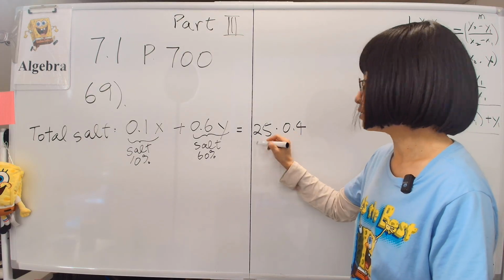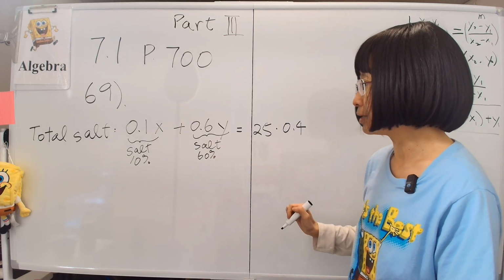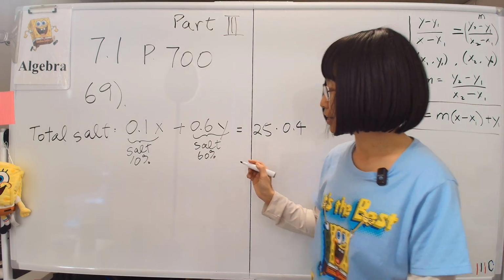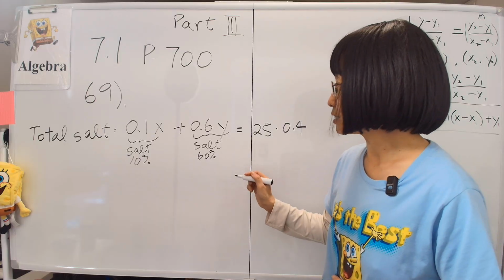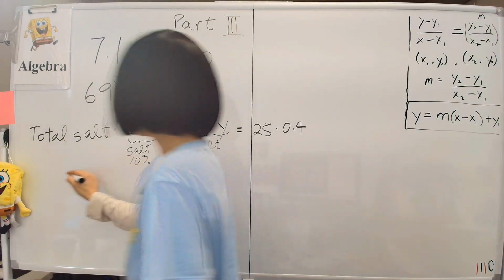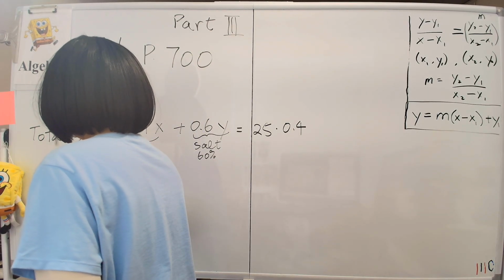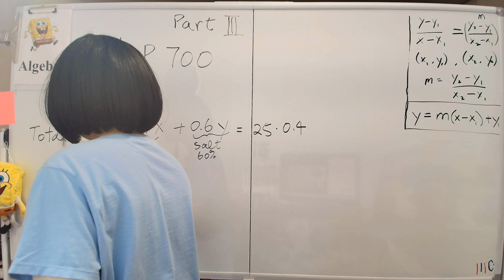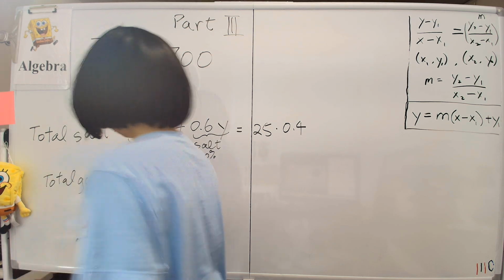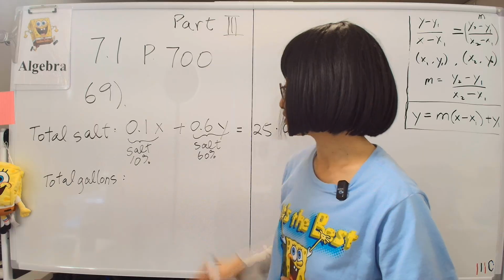So that is where this equation comes from. And say, well, okay, that's fine. What's the next equation? The next equation will simply be the total amount of gallons. This is total gallons. The total gallons of liquid, forget the salt for the moment, because we already took care of the salt business.